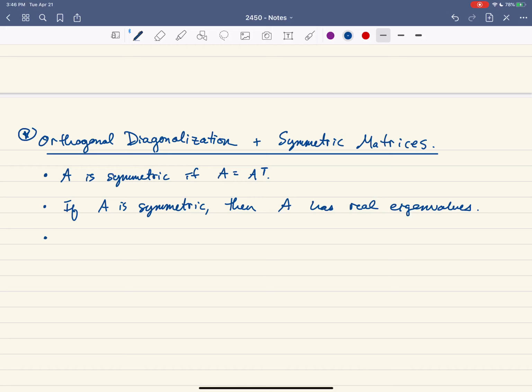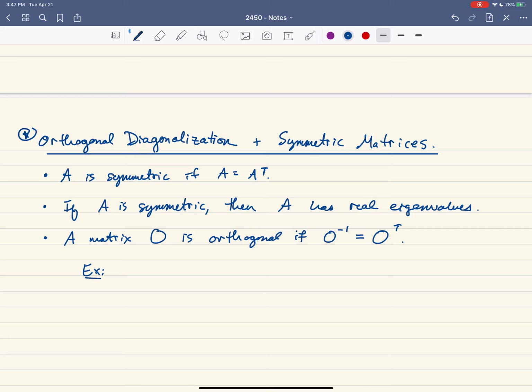Another notion I want to introduce is what's called orthogonal. A matrix P, or O, or whatever, let's say O for orthogonal. A matrix O is called orthogonal if the inverse of O is equal to O transpose. So for example, you could come up with some of these.